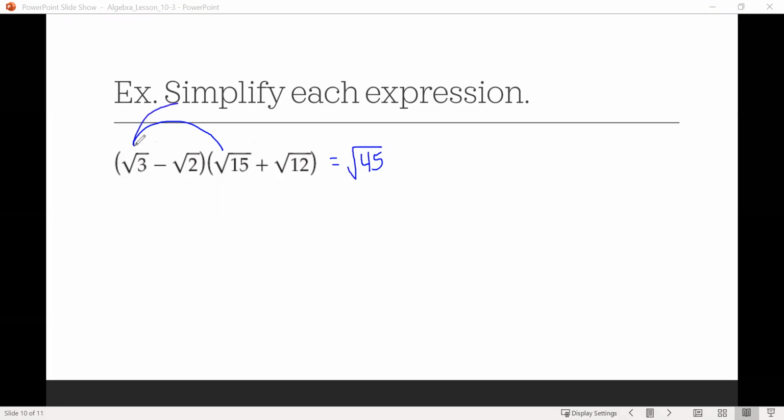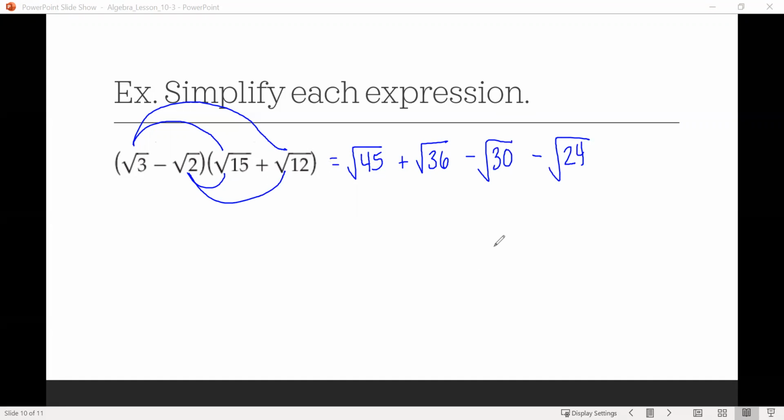And then the outer terms, radical 3 times radical 12, which would be radical 36, times the inner terms, negative radical 2 times radical 15, so that'd be negative radical 30. And then the last terms, negative radical 2 times radical 12, which would be negative radical 24, okay?